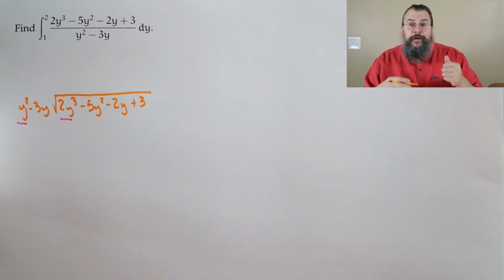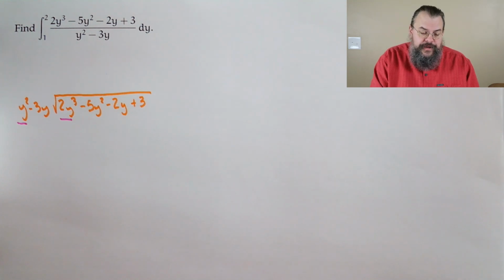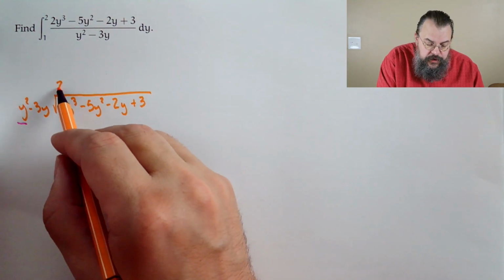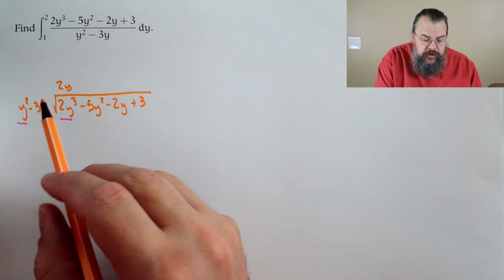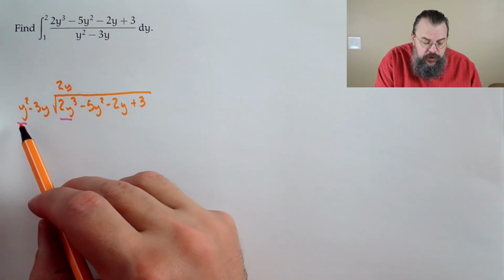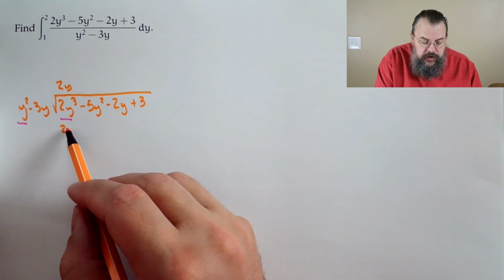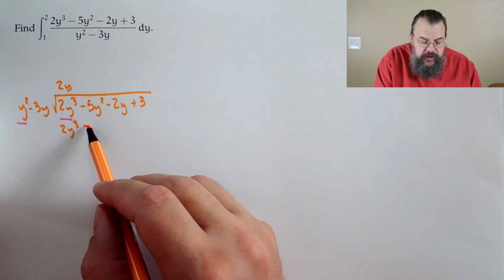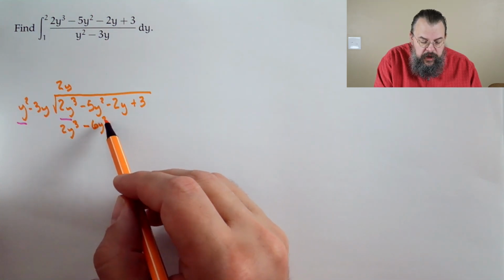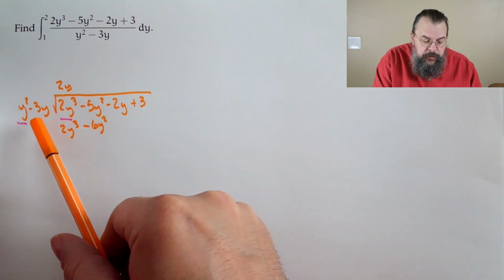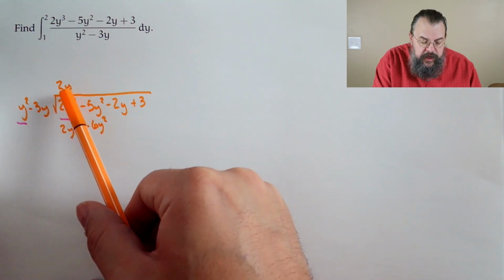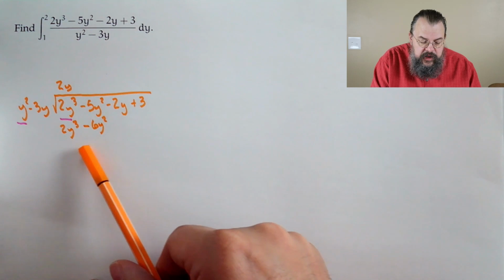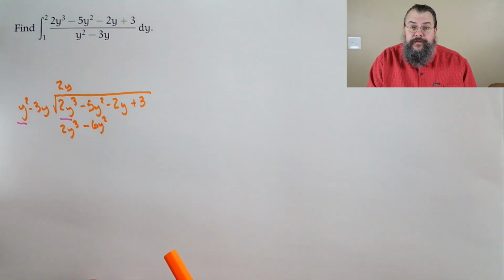We need a y and we need a 2, so we'll need a 2y. So now take 2y times the whole thing. So a 2y cubed, which is exactly what we need, and then a minus 6y squared. If I took y squared minus 3y and got 2y out, I had to have a 2y cubed minus 6y squared involved.